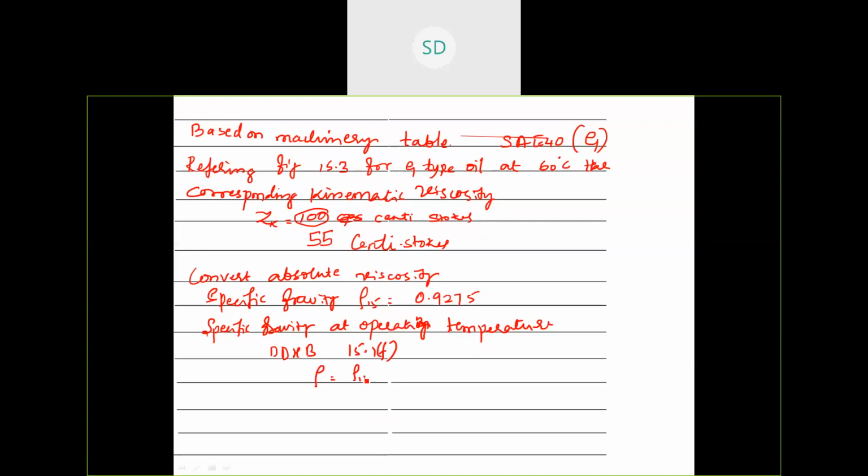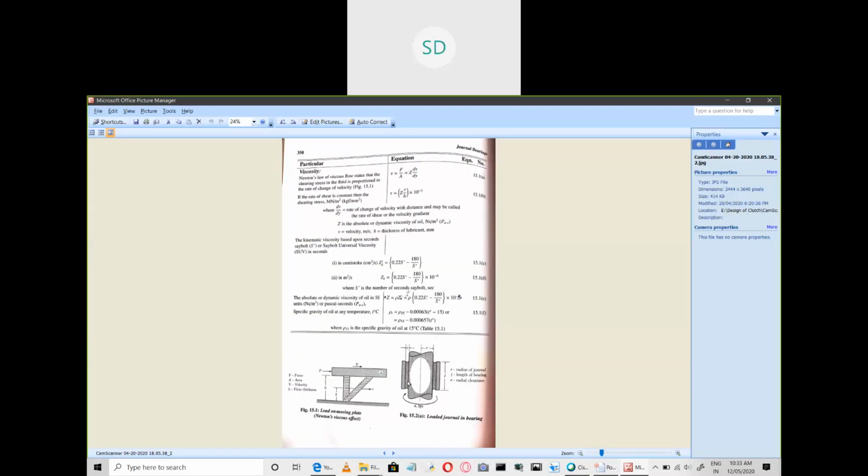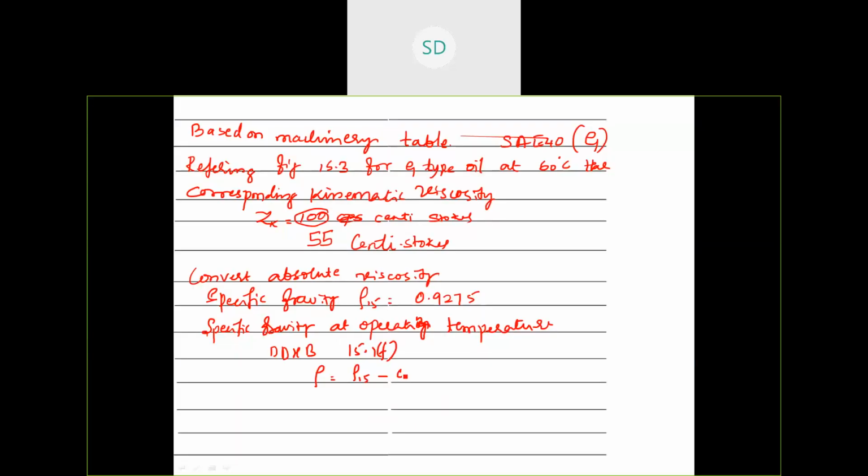What is the equation? Rho equals rho 15 minus 0.00657 into operating temperature. So it is 0.9275 minus 0.00657 into 60.